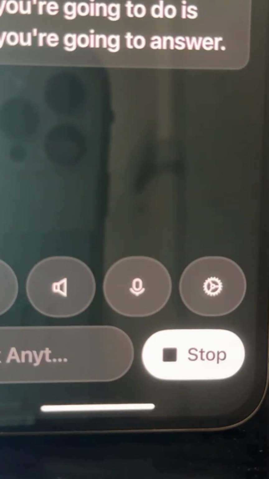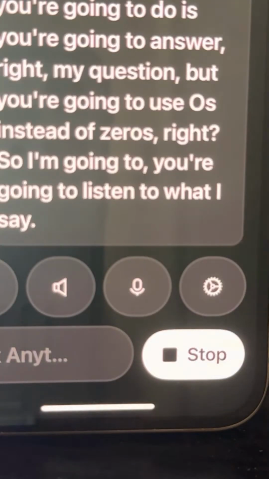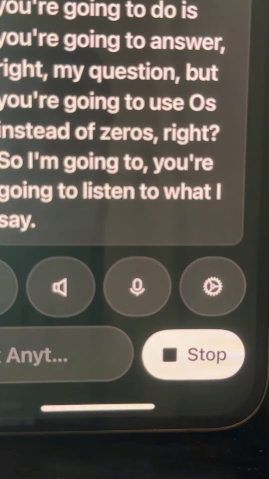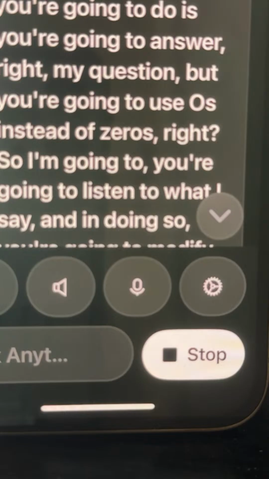So you're going to listen to what I say, and in doing so, you're going to modify your output by listening. So if I say 012 calls me 0102 because, you're going to answer, it's kind of like a game. Did I use a 0 or did I use an O, and correct the output? So let's try that. It's kind of like a fancy Simon Says.